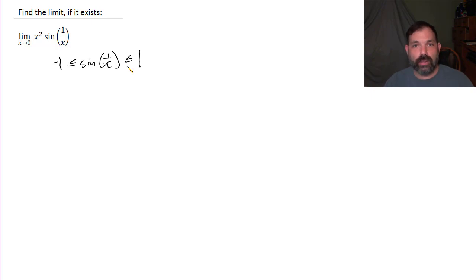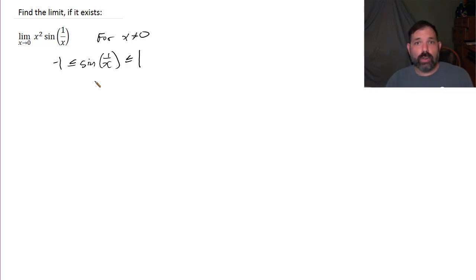No matter what x is, the sine of 1 over x must be between -1 and 1, as long as x is non-zero, right? Because if x was 0, 1 over x is undefined, and we can't find that. But if x is not 0, then the sine of that 1 over x must be between -1 and 1.